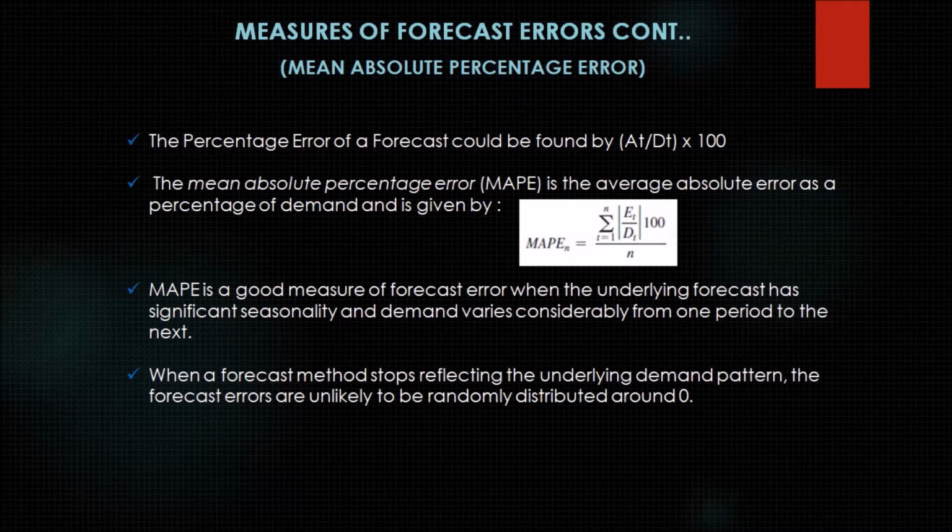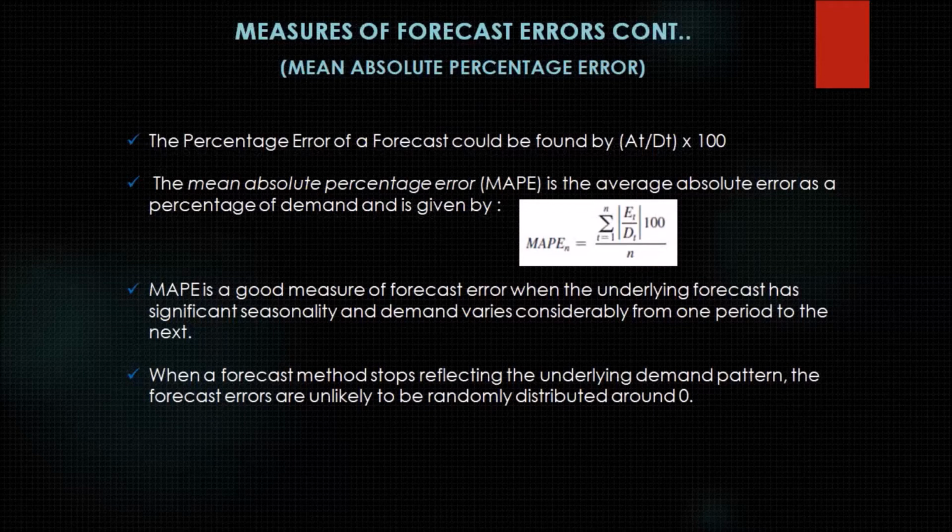The percentage error of a forecast could be found by AT over DT times 100. The mean absolute percentage error, or MAPE, is the average absolute error as a percentage of demand and is given by MAPE equals the equation that we stated.